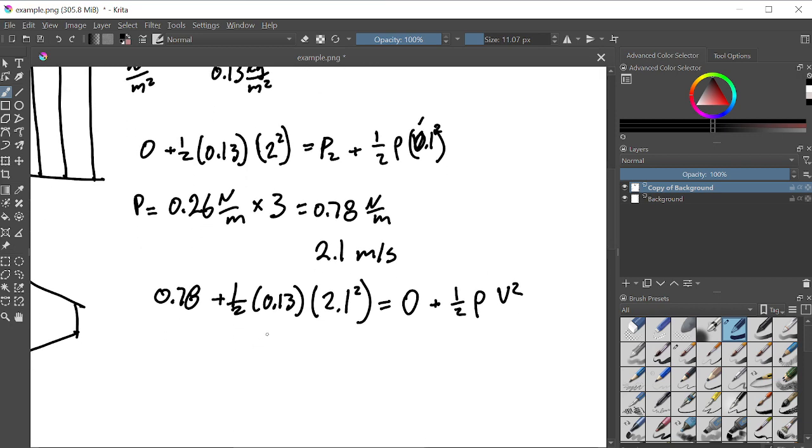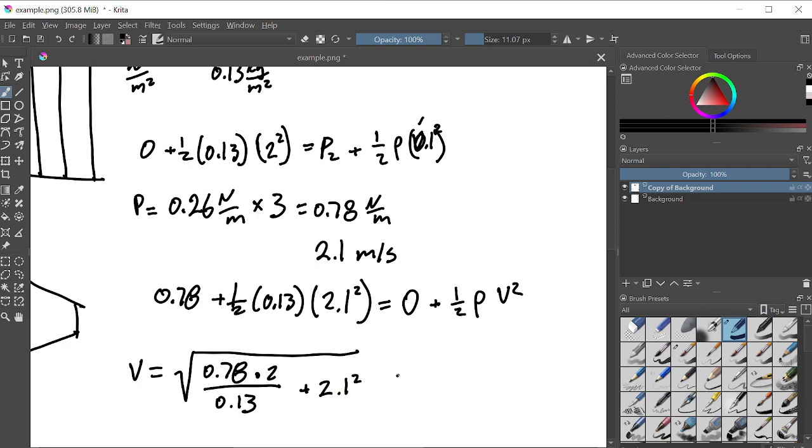So when we rearrange this, we're going to have velocity equals the square root of 0.78, and we're going to multiply by 2 to get it over there, and divide by our rho, which is 0.13, plus 2.1 squared.